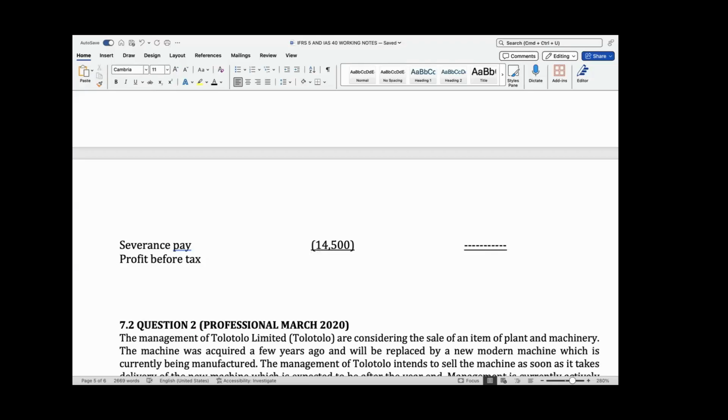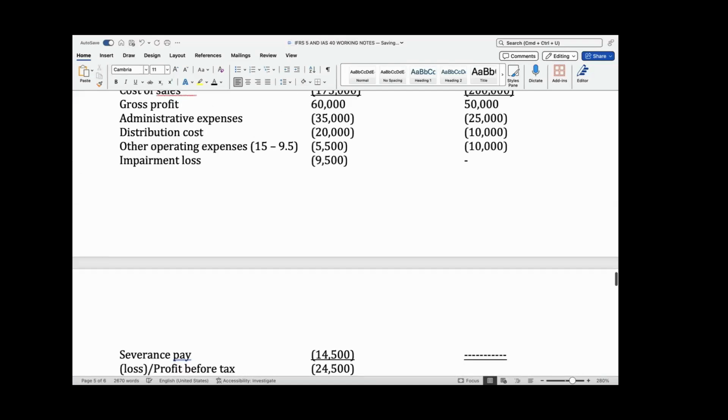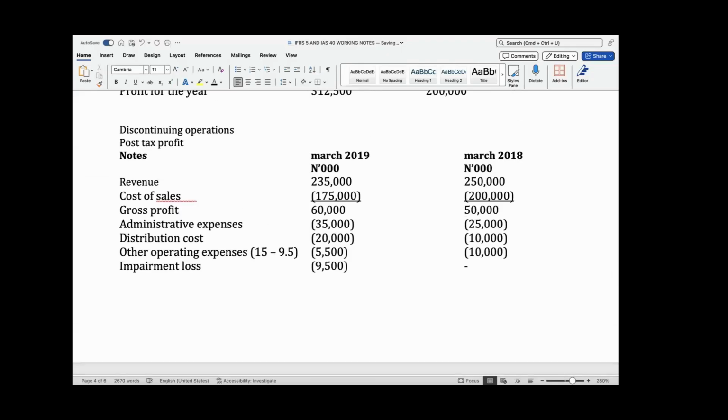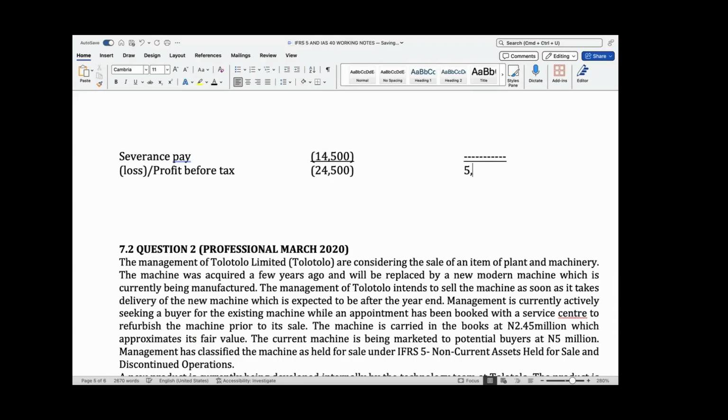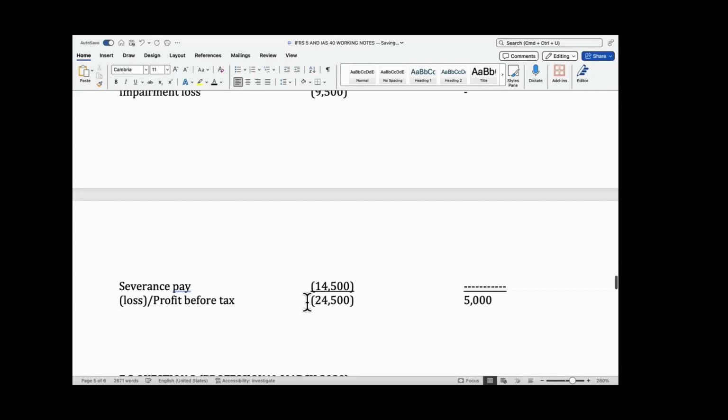That's a loss of 24,500. While this one is 50 minus 25 minus 20. That's 5 profit. At least now we can see the reason why they want to discontinue it. The profit-making segment.